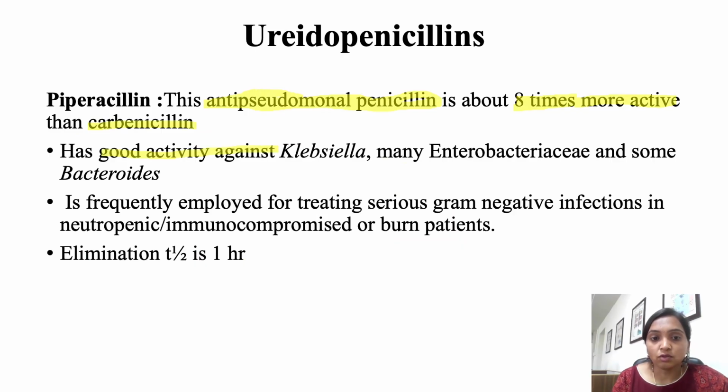They also have good activity against Klebsiella, Enterobacteriaceae, and Bacteroides. So this is the extended spectrum nature of this. Frequently employed in serious gram-negative infections causing neutropenia, in immunocompromised patients, and also in burns patients. There we use piperacillin.